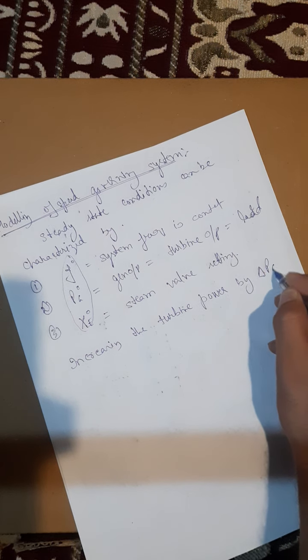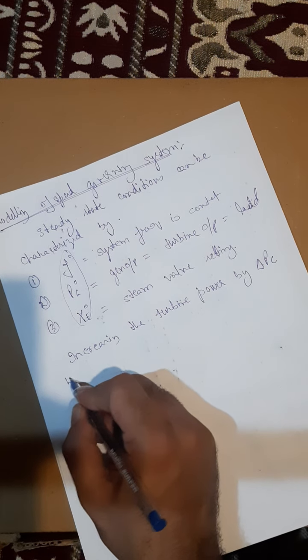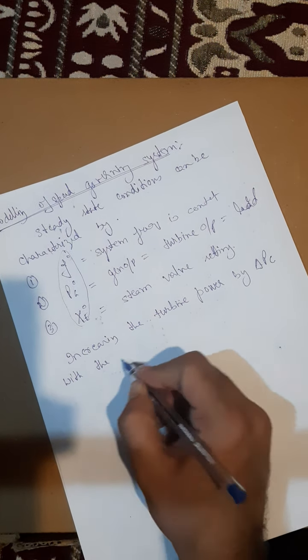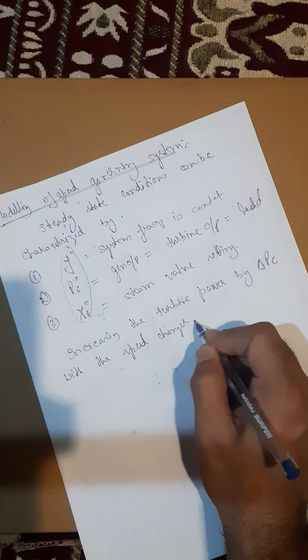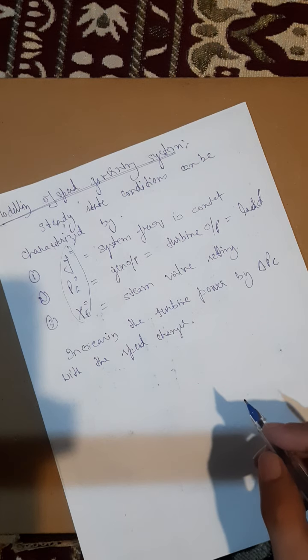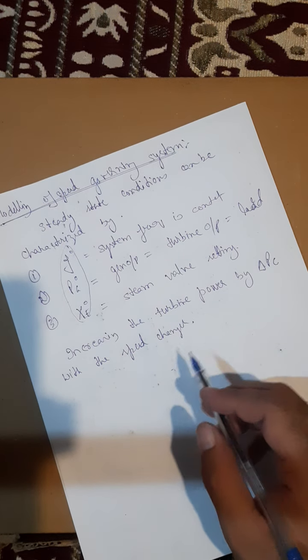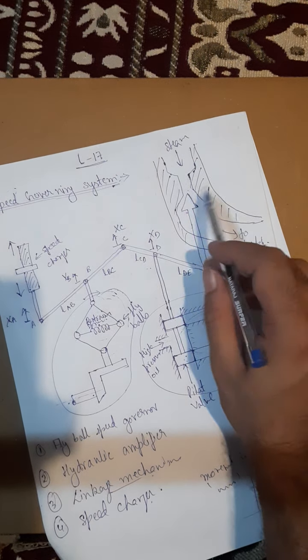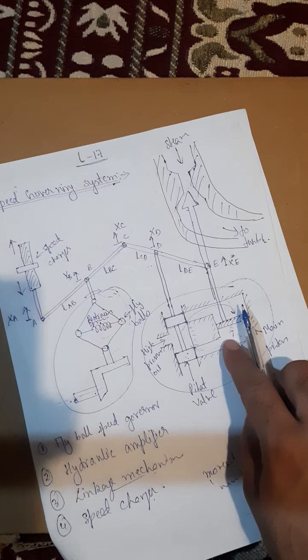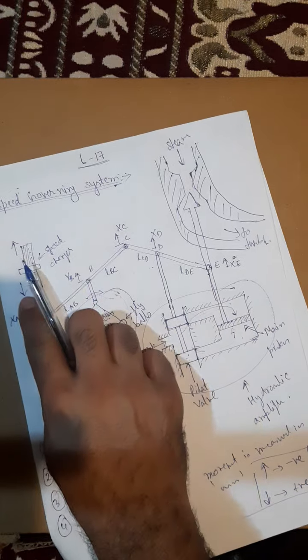So how can you increase the turbine power? Turbine power increase means this point should move down, with the help of the speed changer.